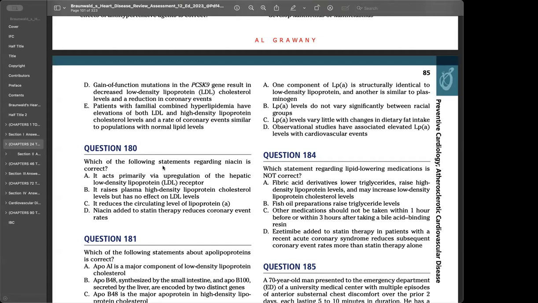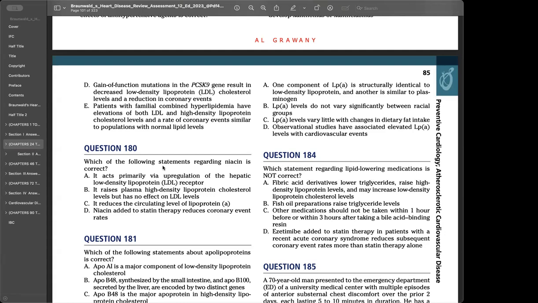So for option A, it said that lipoprotein A is related to the LDL particle, specifically ApoB100, and this is also covalently linked to apolipoprotein A, which is similar to plasminogen.